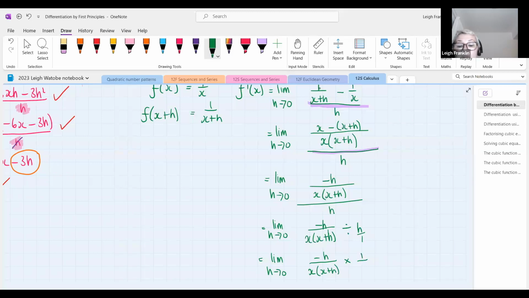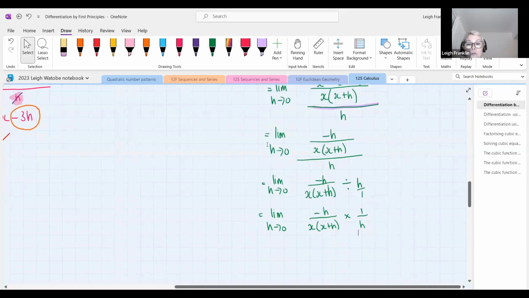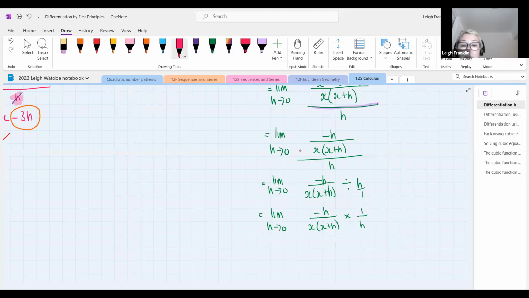So this is going to become 1 over h. Now we are allowed to cancel something at the top with something at the bottom. So now we end up with this.